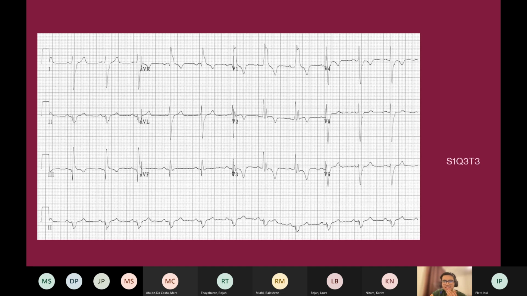Don't worry about this for exams. You also got an inverted T wave, but that could be due to strain as well. But yeah, it's rare. If anyone asks you the ECG findings of a pulmonary embolism, always say sinus tachycardia. And then if they want the more specific one, you say S1 Q3 T3.